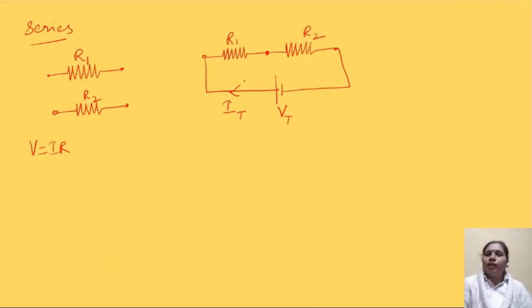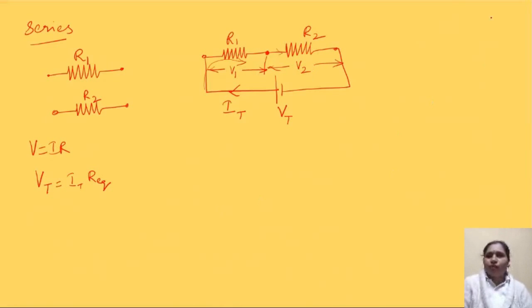With total resistance R, you can write Vt equal to It into R. As the current flows through resistor 1, there will be a voltage drop across this resistor, represented as V1, and as the current flows through R2, there will be a voltage drop across this resistor, measured as V2.